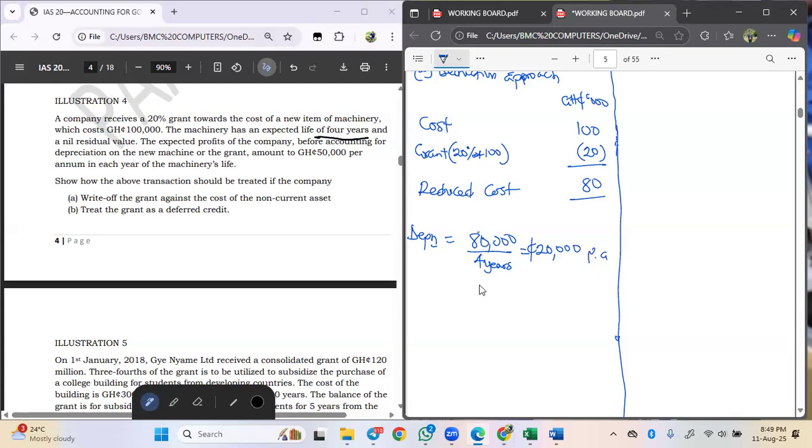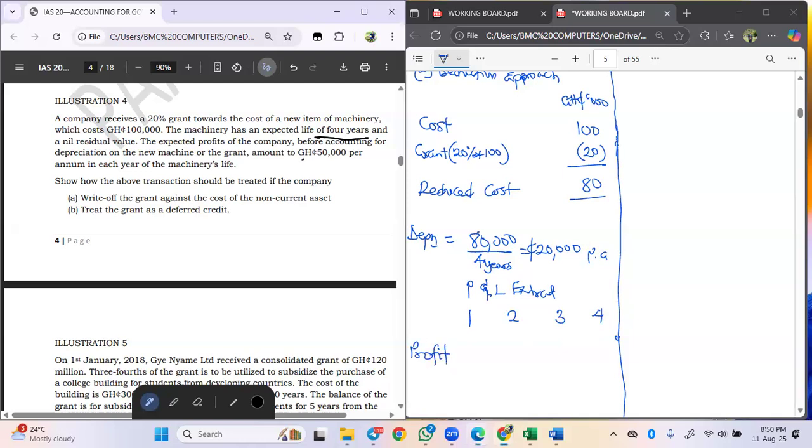Let's look at the P&L extracts, the profit and loss extracts. We have 4 years: year 1, 2, 3, and 4. From the question, the profit is 50,000 per annum.